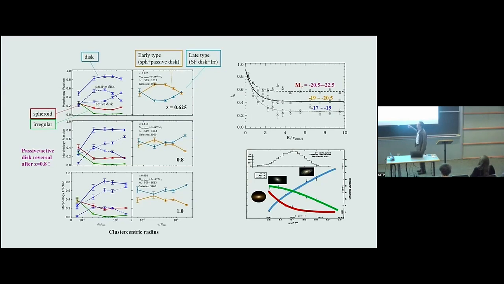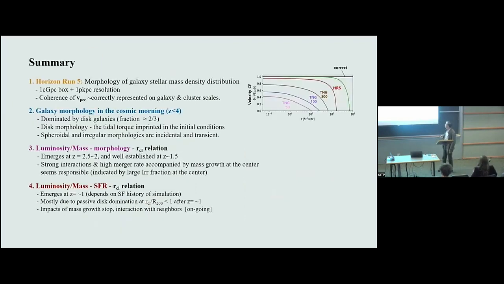We have a large irregular galaxy fraction right at the center, but I believe they will probably become spheroidal by z equals 0, so they probably double this value. So there's almost a flat trend and then it suddenly rises. That's exactly what you see. And the majority of cluster galaxies are actually disk galaxies, but they are lenticular, so they are passive disk galaxies, which are here. So we are more or less recovering these observational findings.